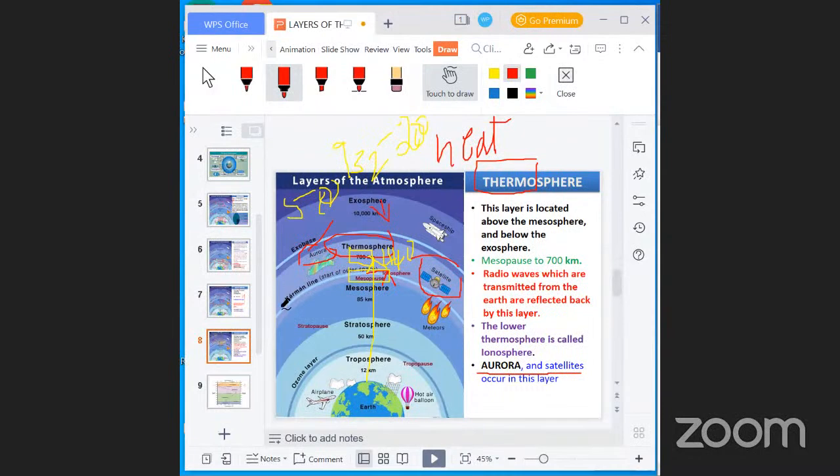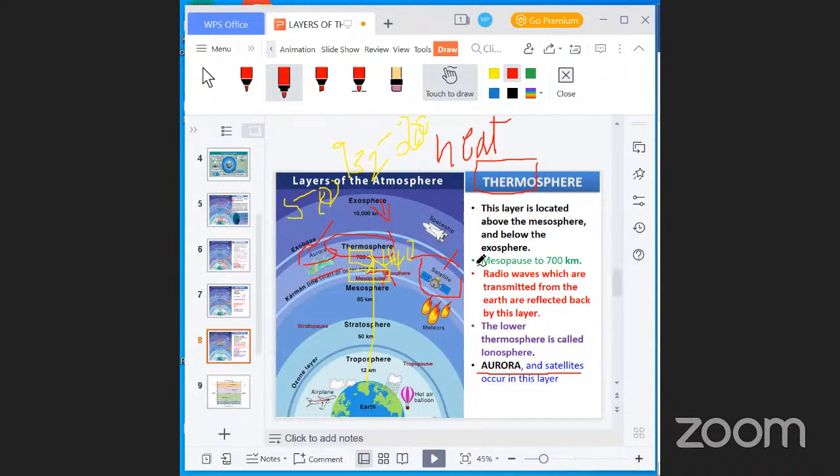It is caused by the collision of energetic charged particles with atoms in the high altitude atmosphere. This is where ionization happens, and that is where the flashes of radiation appear as different kinds of color streams, right? Also, satellites for communications have been placed in this layer, so that is important.